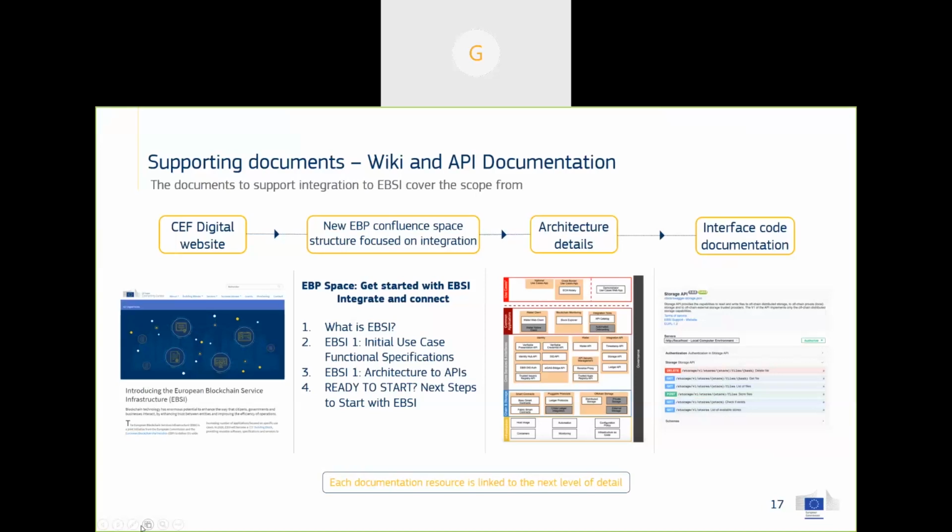Being published at the same time now is a new section to the internal wiki, actually to the EBP user community as well, which is a section specifically about getting started with integrating and connecting to EBSI.